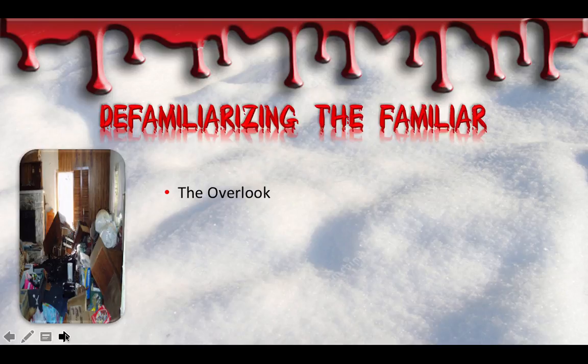Now, hotel rooms use these schema to make an unfamiliar environment feel familiar. All hotel rooms have certain aspects in common. They all at least have one bed, right? And there's usually some kind of table or desk that serves as a writing surface. Most of the time, or at least quite often, there's a mini fridge. And we know that there's going to be bedside tables and a TV and a bathroom that will probably be off to one side, usually near the door to the room.